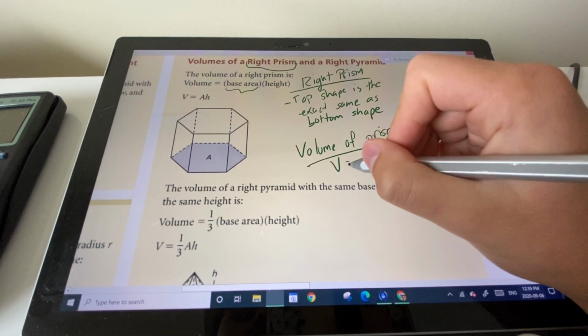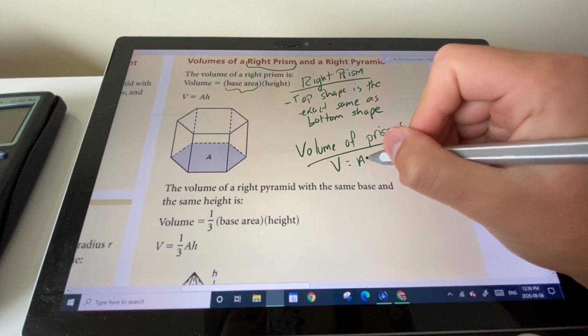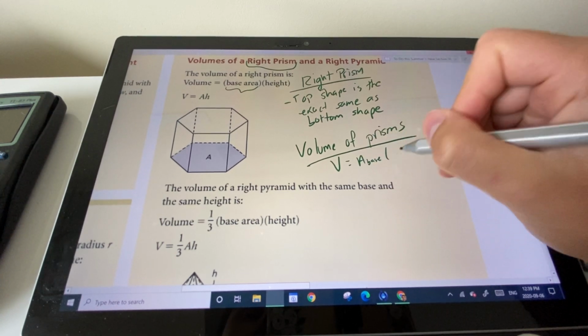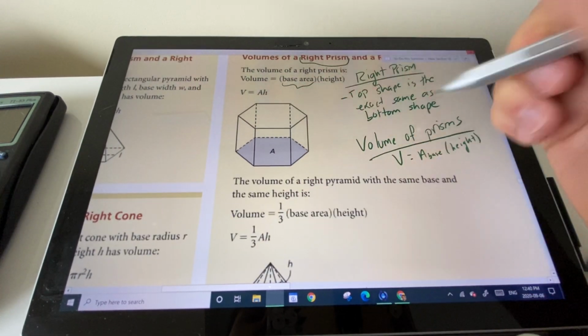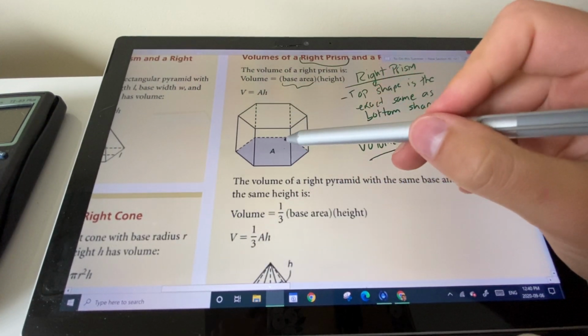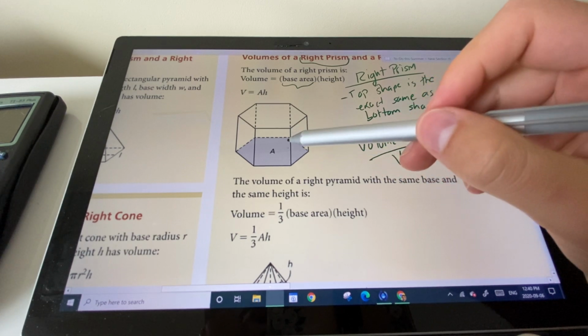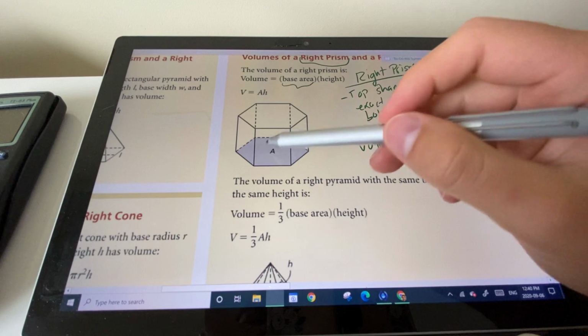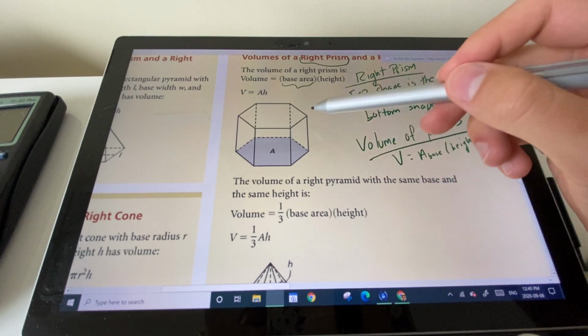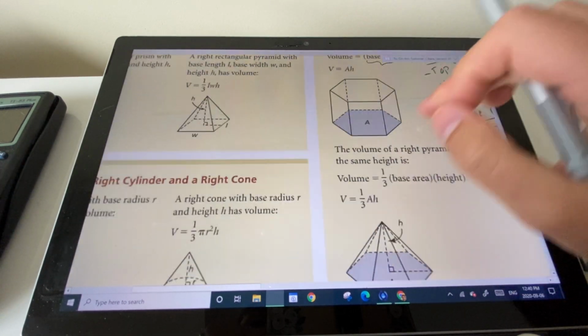So volume equals the area of the base multiplied by the height of the object. In this case, we would be given the area of this base. You don't have to know how to find a hexagonal base area in Math 10C, but if you're given the area of this hexagon, you would just need to know the height to find the volume here.